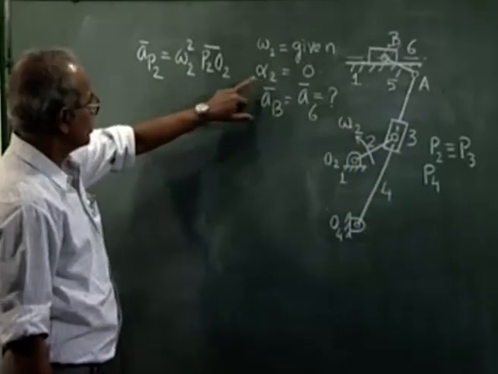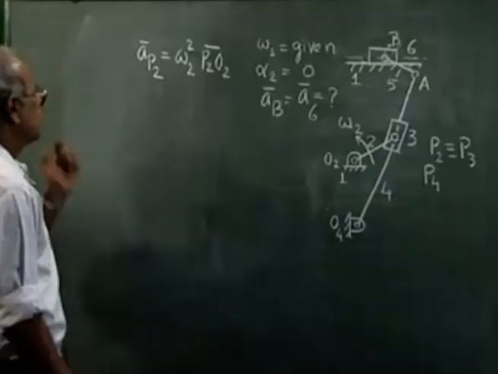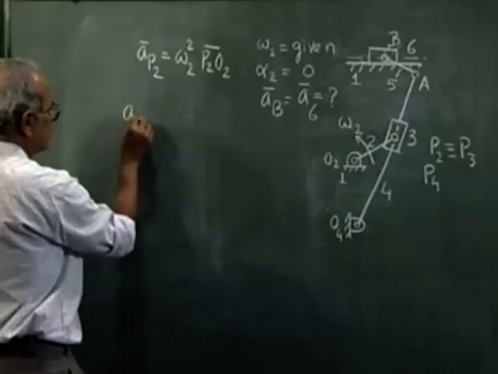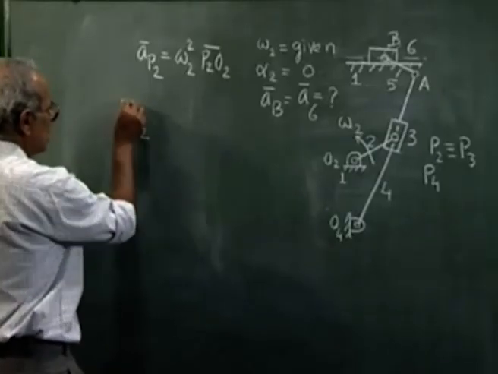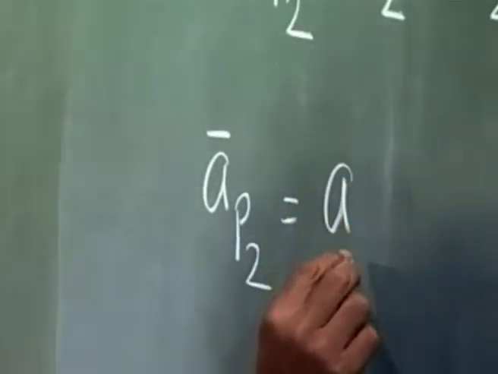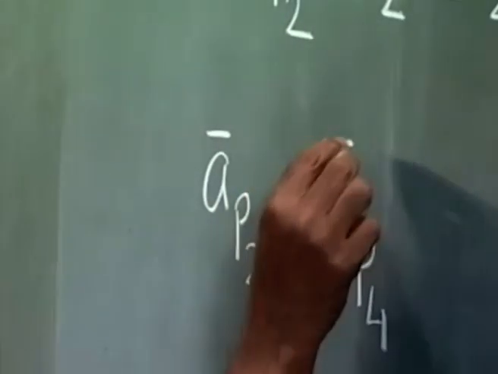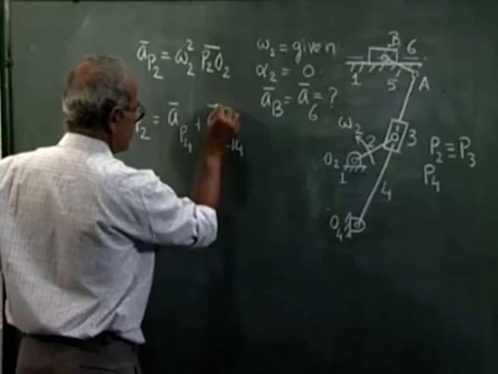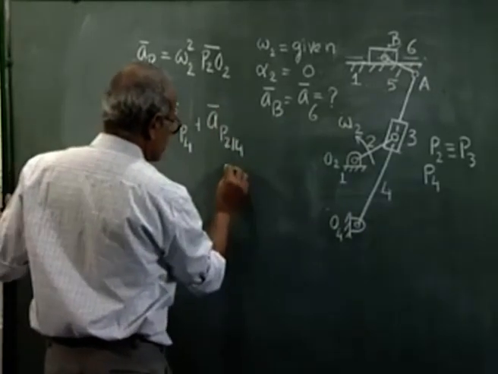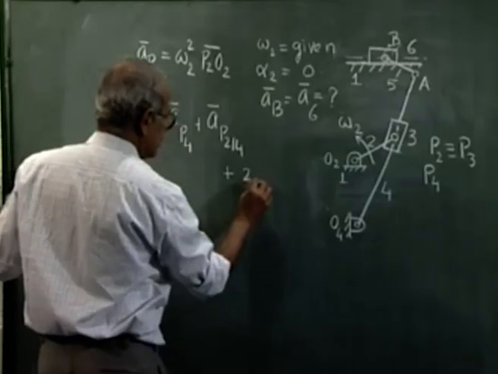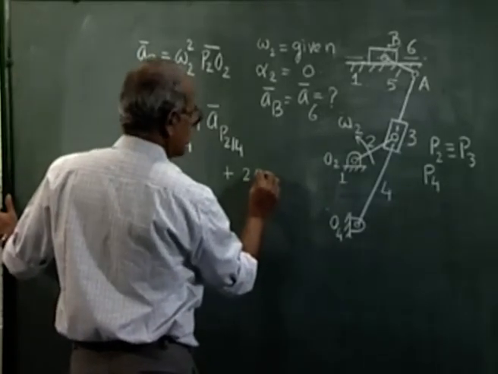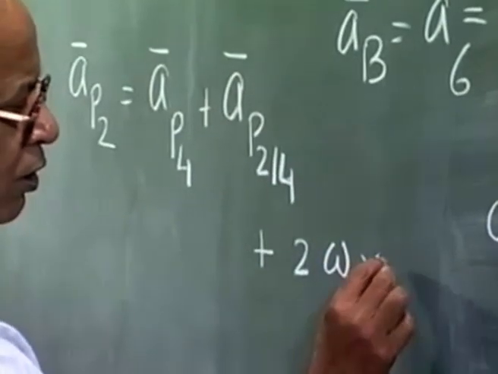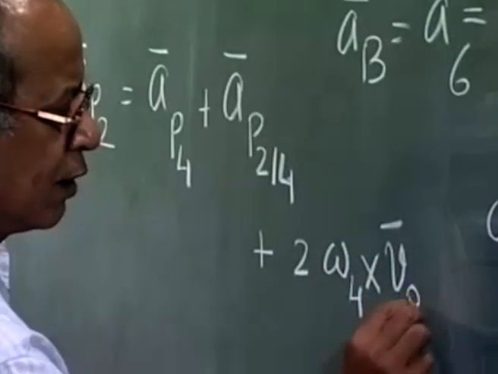But alpha 2 I have taken to be 0, so this is the total acceleration of the point P2, which is completely known. Now we know, considering the two coincident points P2 and P4, I can write AP2 equals AP4 plus acceleration of P2 in body 4 plus the Coriolis acceleration, which is twice omega 4 cross V P2 4.